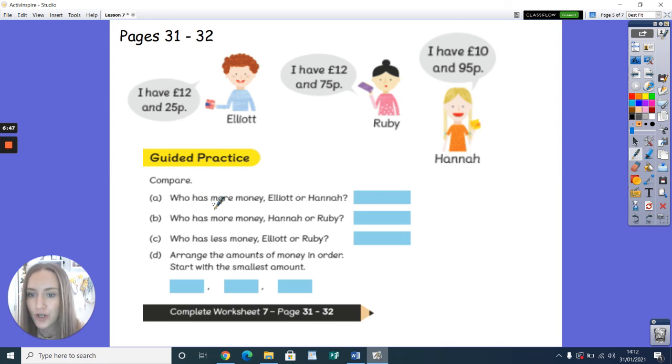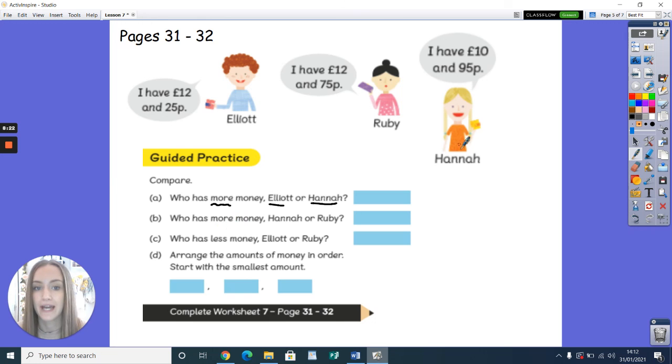It says, look, who has more money, Elliot or Hannah? So you've got to look carefully at which two children you are looking at. So has Elliot got more money or has Hannah? Remembering that we look at the pounds first. If the pounds were the same, then we look at the pence.